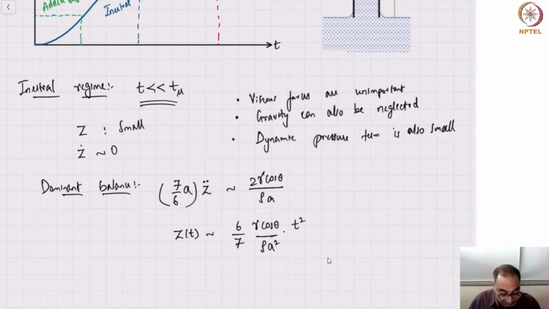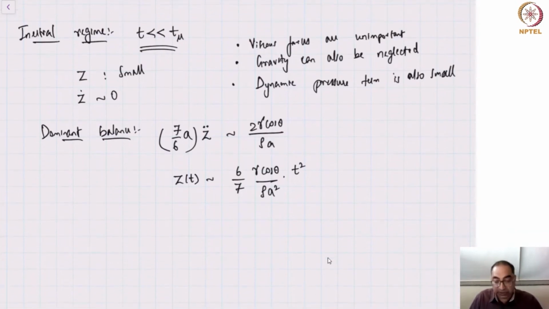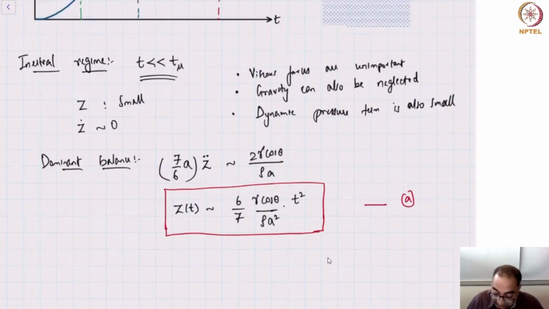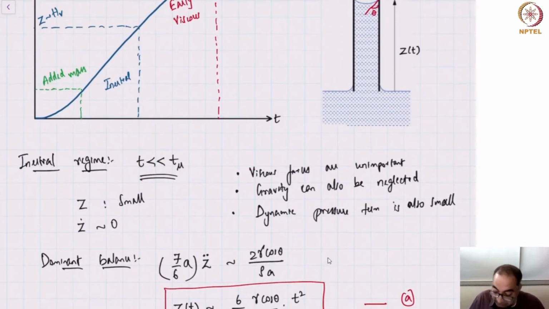So this is the expression that we get. Okay. So this is the first result that we've got. Let's call this as A. This is consistent with what we have shown in the figure here. So this is z goes like t square.